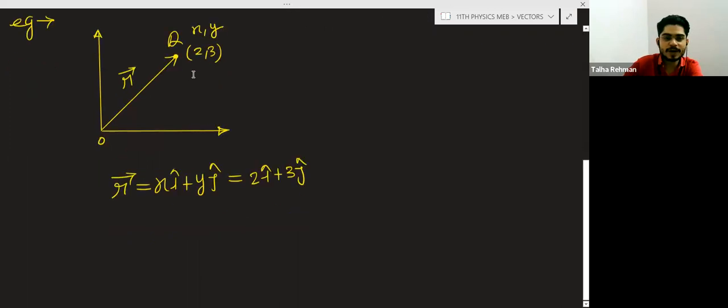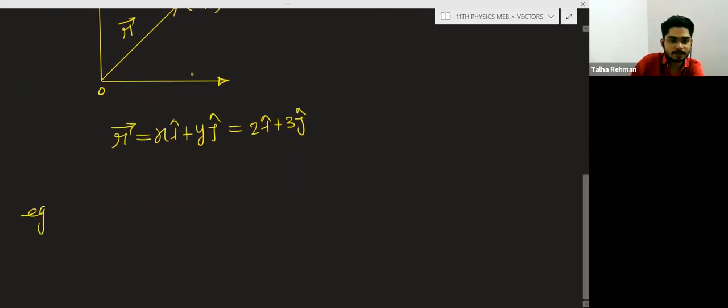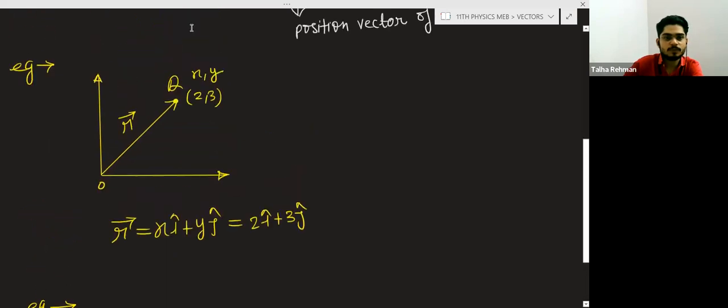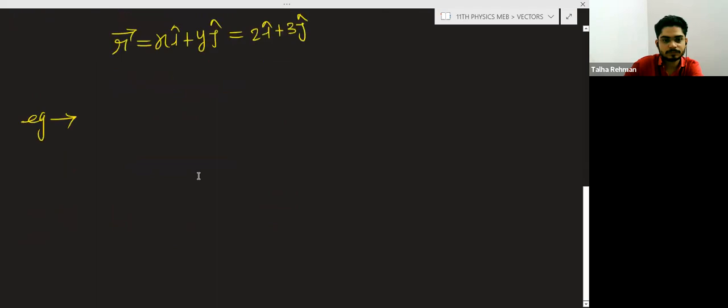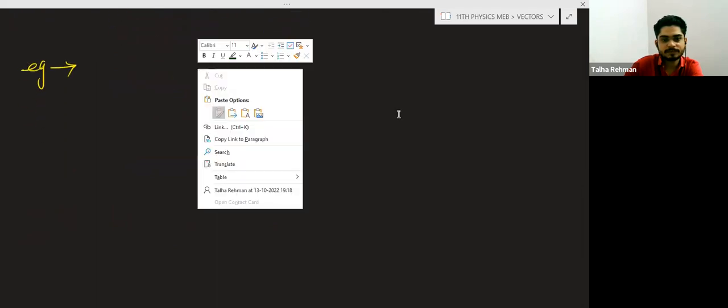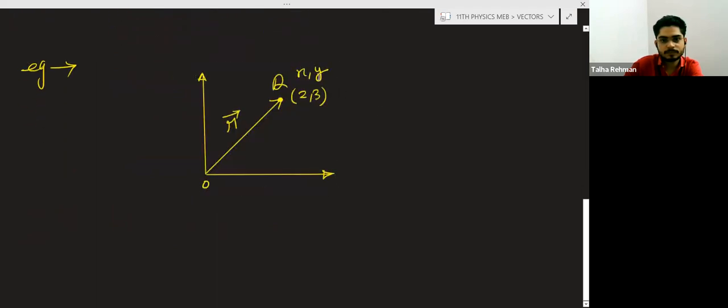And if you have a point like this, suppose 3 coordinates are given. This is a point Q, and for this point Q, 2, 3, 4 are the coordinates. This is the x coordinate, this is the y coordinate, and this is the z coordinate.